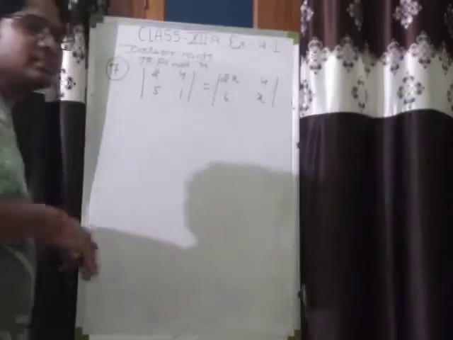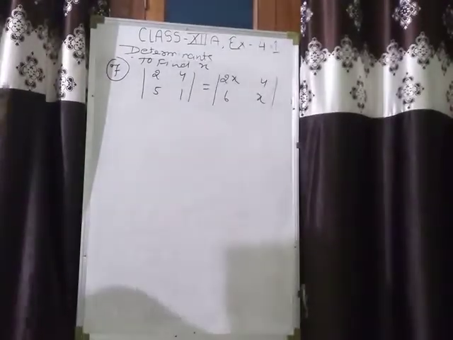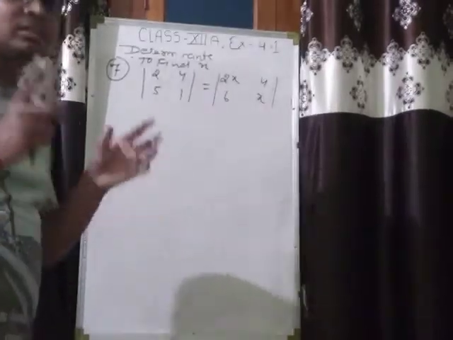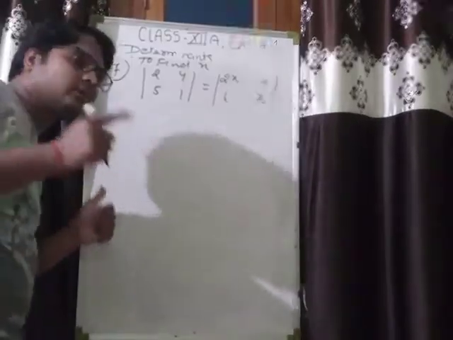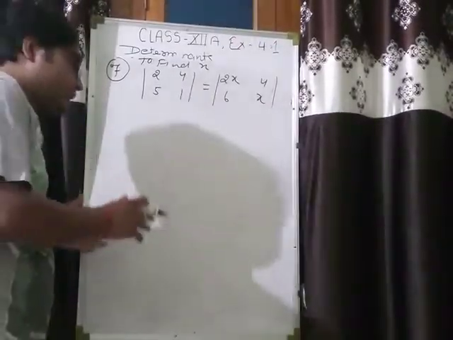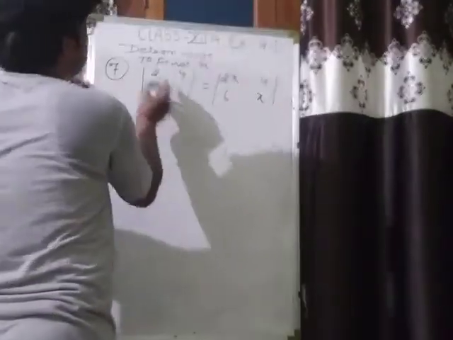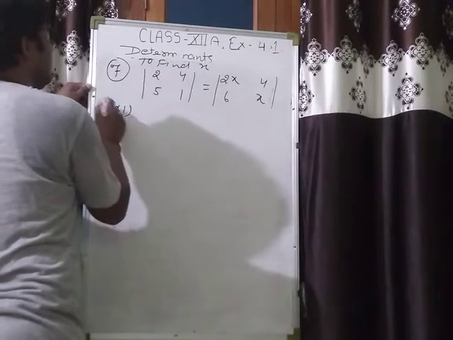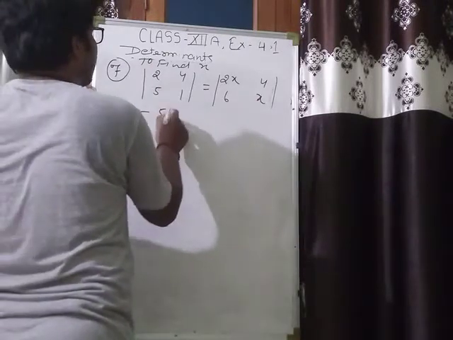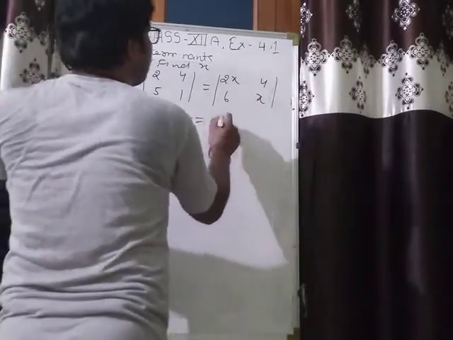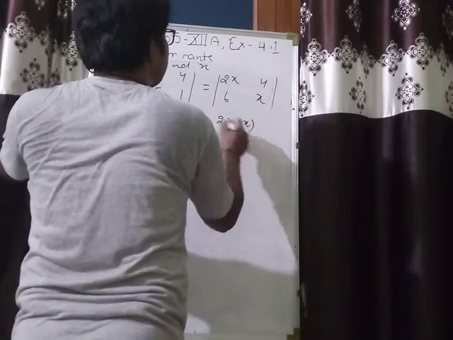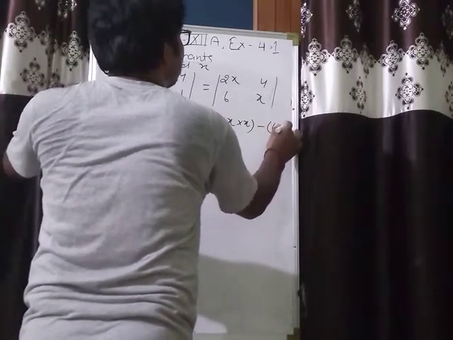In the both side you can see they are the determinants of the square matrix of order 2. So how can we find out their determinant? By subtracting product of off diagonal from the product of diagonal entries. So 2 into 1 minus 5 into 4 equal to 2x into x minus 6 into 4.